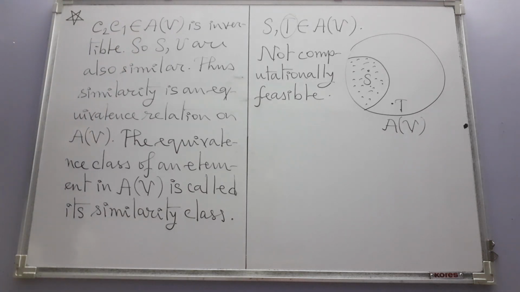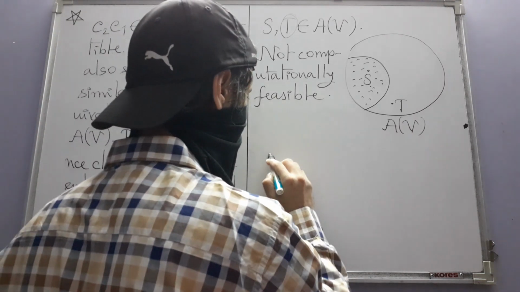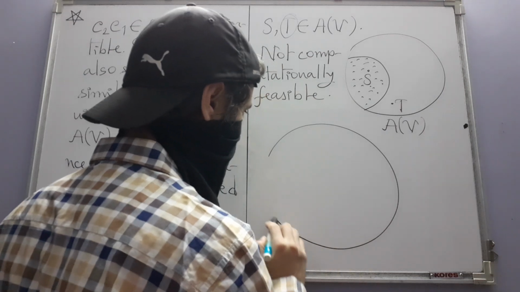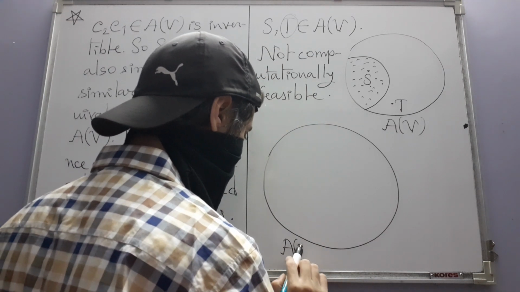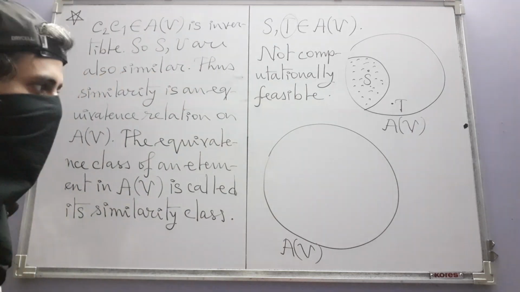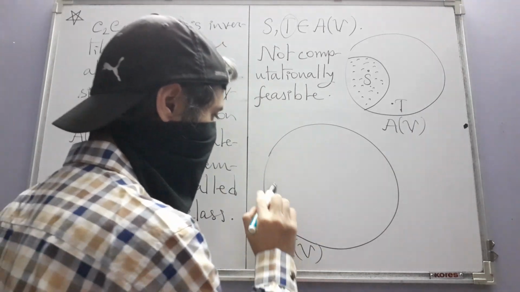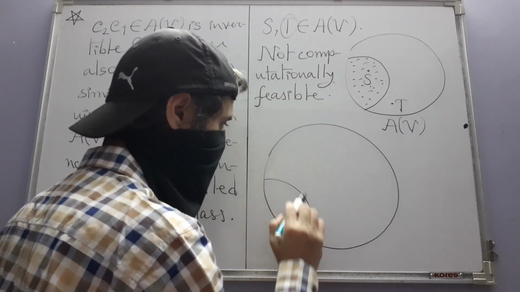A better approach is this. Again, let me draw a diagram because that way we can see everything in front of our eyes. Suppose this is A of V and these are the similarity classes.